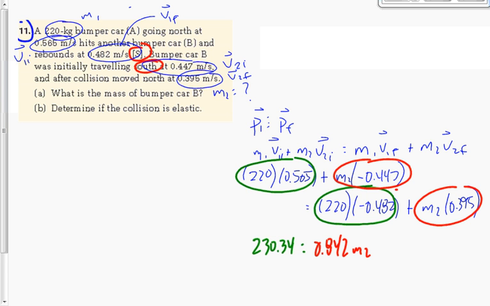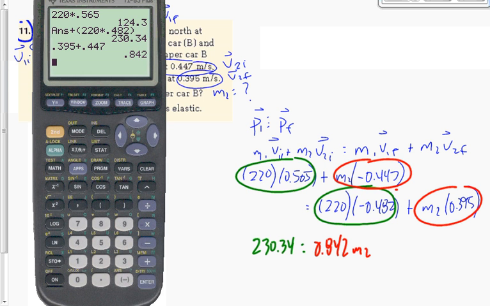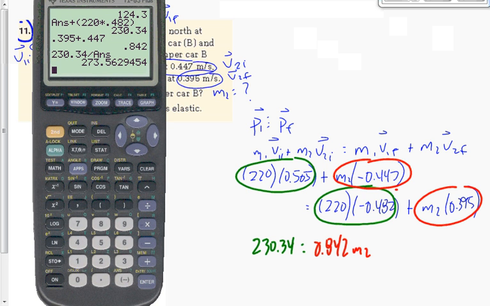All I've done is taken the negative 0.447 m2 over by adding. Gives me 0.842 m2. Let's divide that by 230. Sorry, let's say 230.34 divided by that: 273.6.